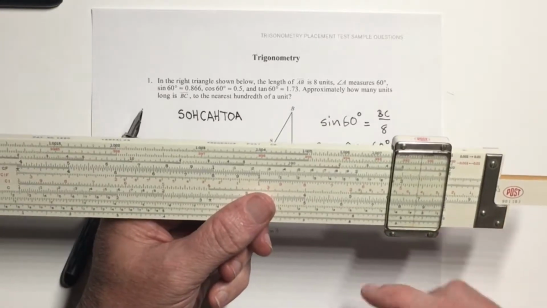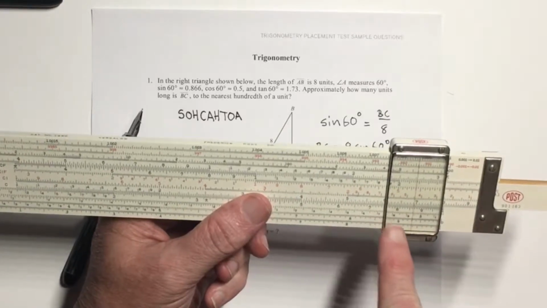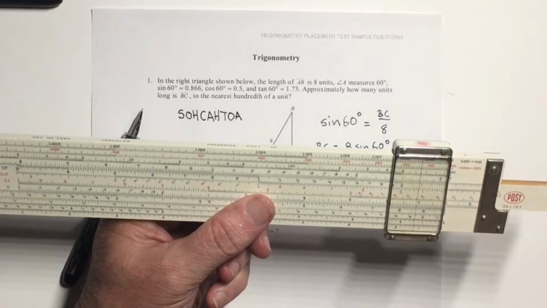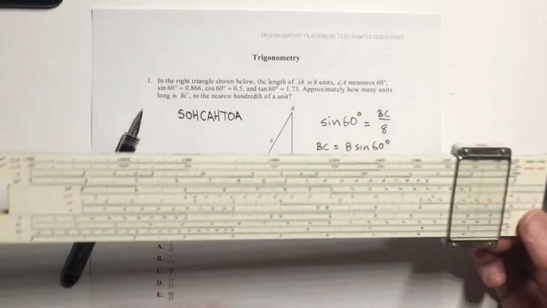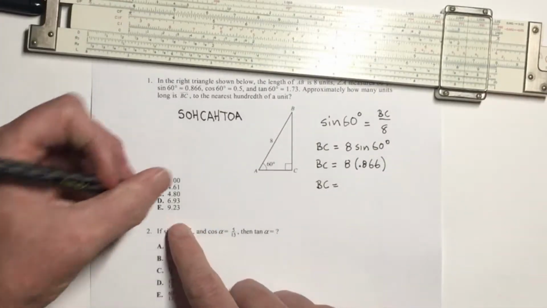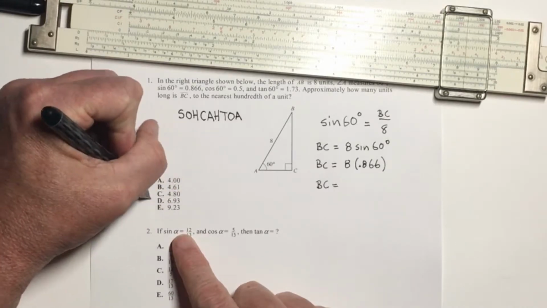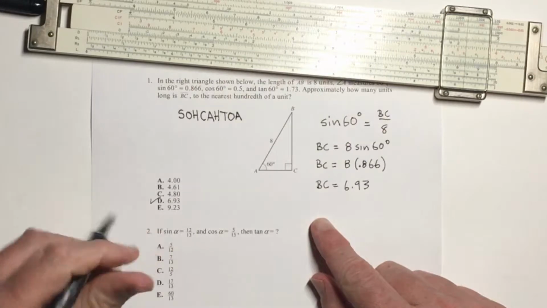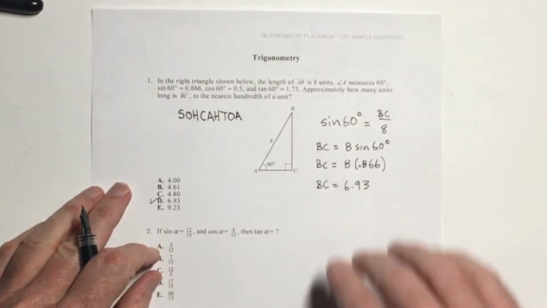There we go. And it looks like my answer then should be 6.9 something, 9.2 or 3. Well, looky there, 6.93. There's my answer. 6.93. There we go. Excellent.